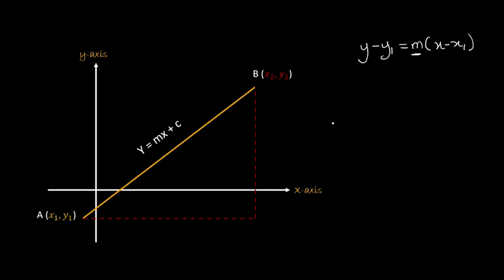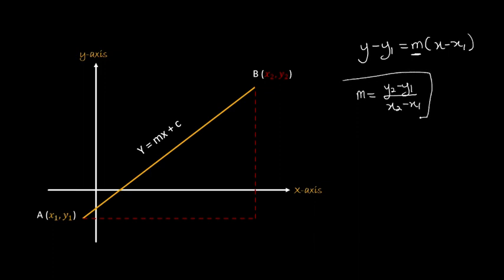So the first thing we do when we have a straight line having 2 points, to find its equation, is to calculate the gradient of the line, which can be found by subtracting y2 minus y1 over x2 minus x1.